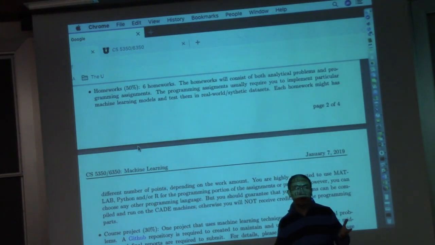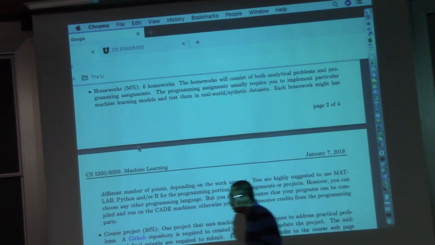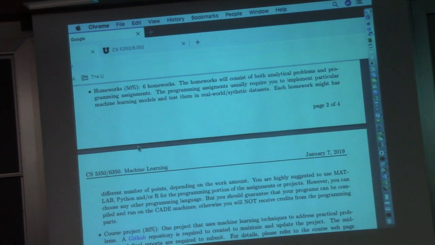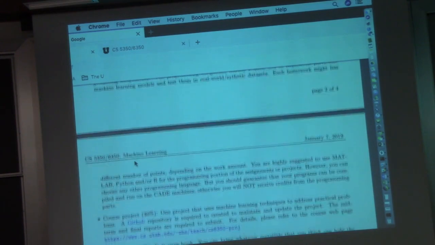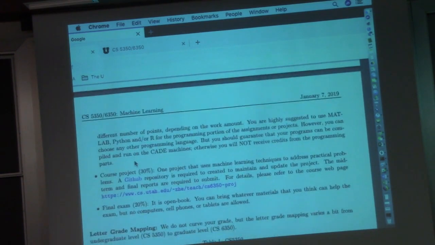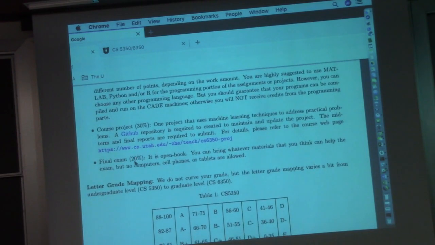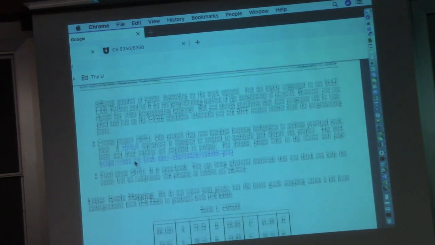You can choose to open source it, or you can choose to sell it. That's the outcome of your class. So that's regarding the homework assignments.